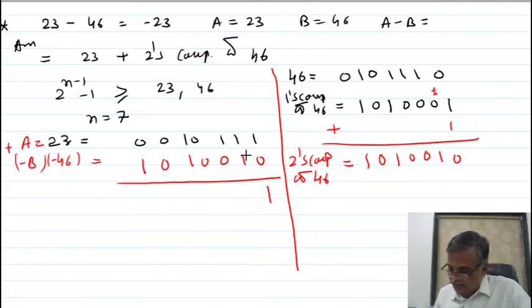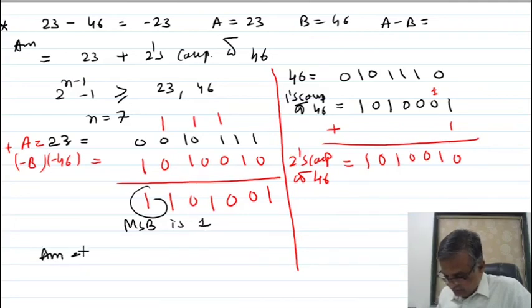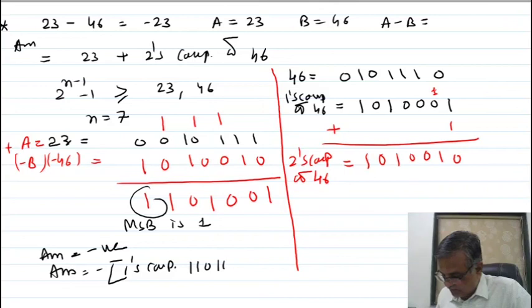This is your 1, 0 carries 1, 0 carries 1, 0 carries 1, 1, this is your 1. This MSB is 1, so the answer is negative. Therefore the answer is equal to minus the 1's complement of 1, 1, 0, 1, 0, 0, 1 plus 1.